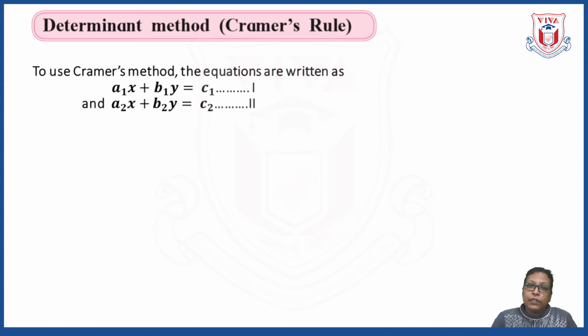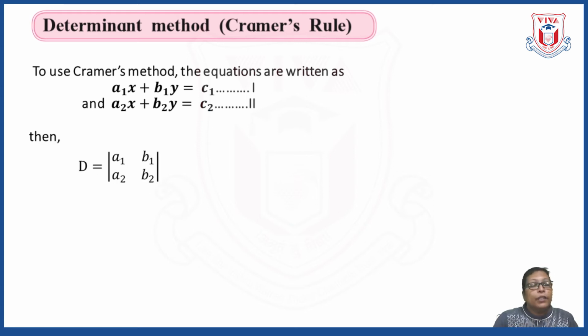For solving these equations, we have to write down three determinants, namely Dx, Dy and D. How to write those determinants is most important. First, we are going to write determinant D. For determinant D, you are going to think of only left hand side coefficients.